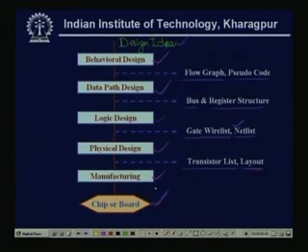Then again it is realized by transistors, because ultimately the transistors have to go on silicon, that IC chip is nothing but a piece of silicon. So, the transistors will be fabricated there. Then it will be manufactured and we get the digital IC. So, this is the digital design flow.